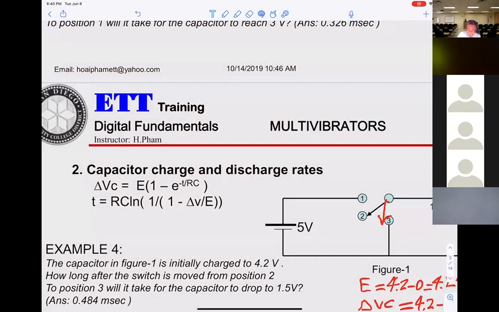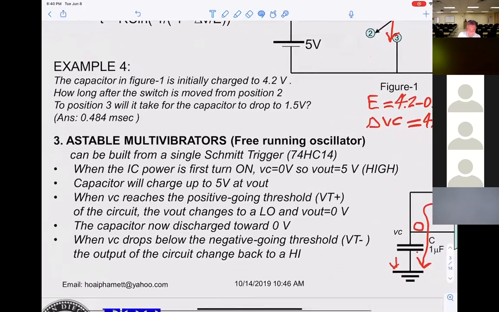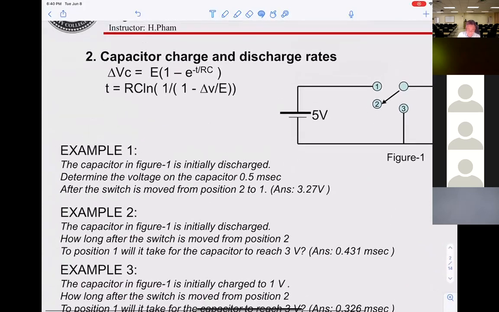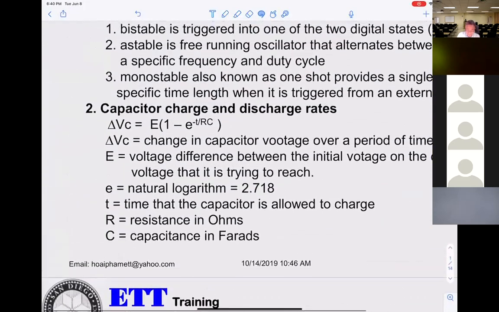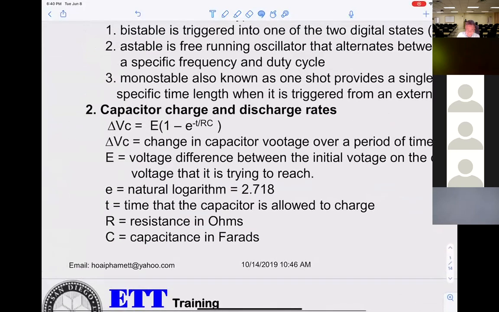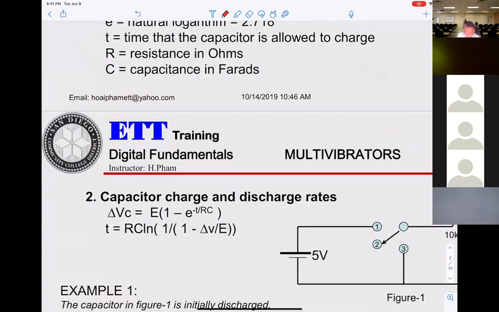Okay, so basically for any problem here, I think it's on the next page down. Okay, that is the formula here. I'm not sure. When we get another formula right here, that's different.